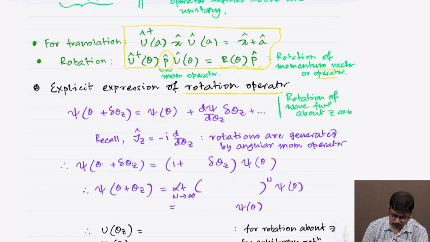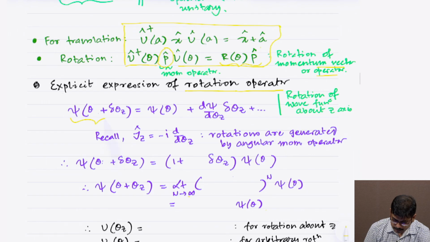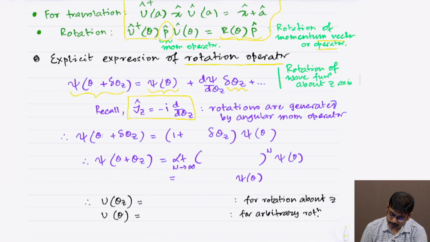For that, what we did is expand psi of theta plus delta theta z by Taylor expanding, and we say that this is psi(theta) plus d psi d theta z times delta theta z. Then I use once again this identity that J z hat is equal to minus i d d theta z, and this represents that rotations are generated by something like the angular momentum operator.